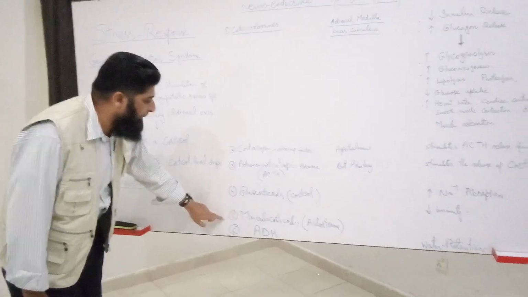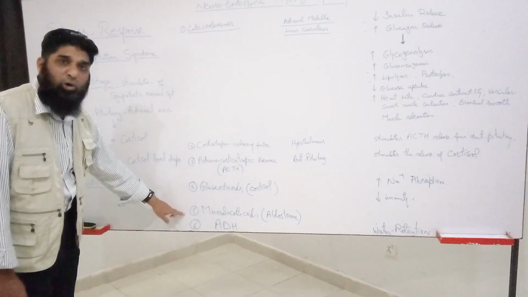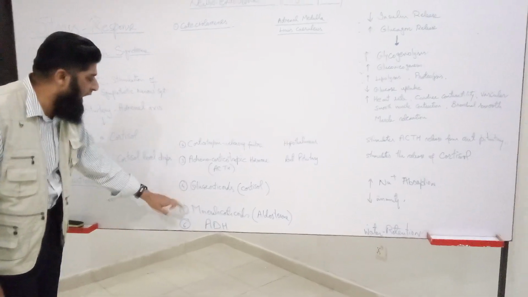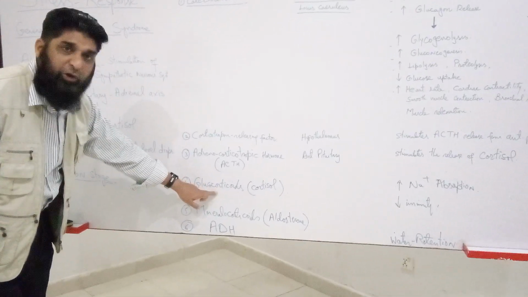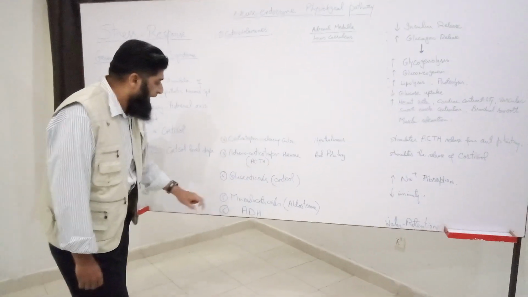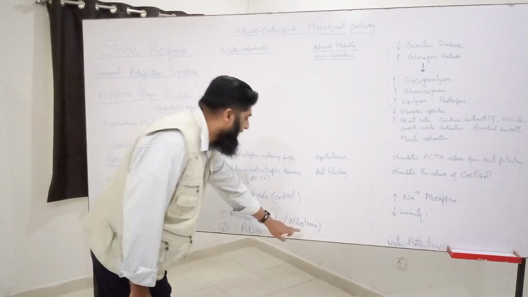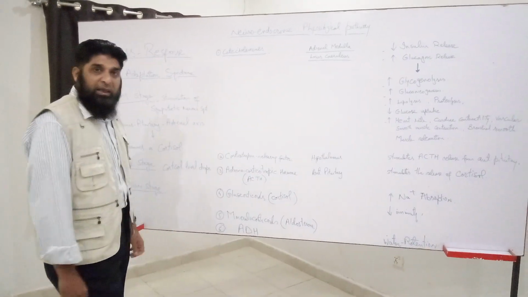Number 4 and number 5 important hormones which are involved in stress response are glucocorticoids, that is cortisol, and mineralocorticoids, that is aldosterone.